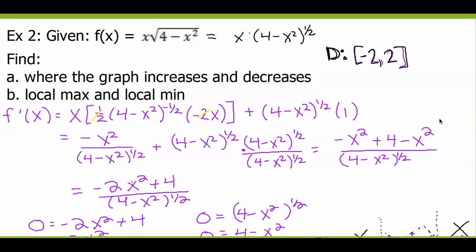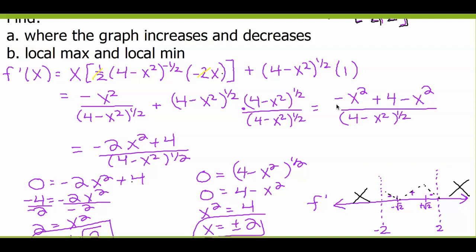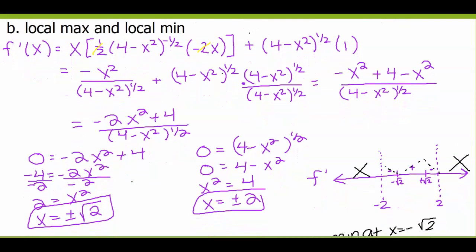The denominator is going to give you the derivative points that do not exist. So what we have to do, and this is kind of why I created that common denominator, is set both the numerator and denominator equal to 0 to find the critical points of both.